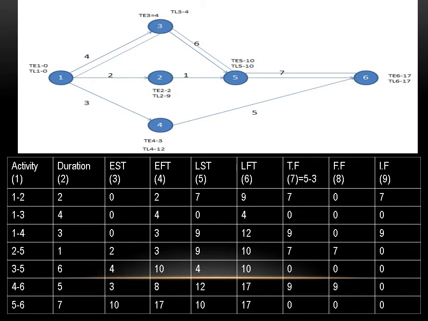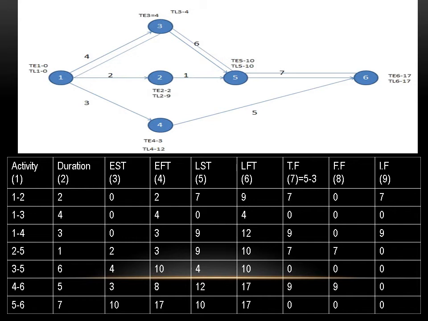So for 1 to 2, TF is 7. TL minus TE at 1 is 0 minus 0, 0. Total float was 7, 7 minus 0, it will be 7.